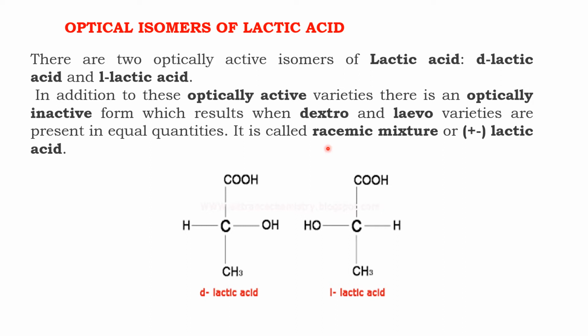Racemic mixture. We define a racemic mixture as a mixture of equal amounts of dextro and levo. The optical rotation, or optical activity, of a racemic mixture will cancel each other. I told you these two are optical isomers.